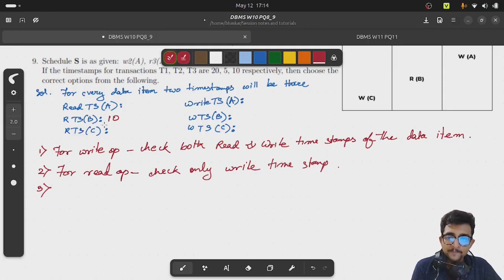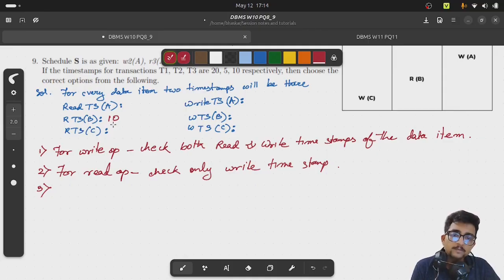So let's say read timestamp is 10 at some point of time, but later another transaction comes and requests to read the value of B, right? And the newer transaction which has come and tries to read the value of B, let's say its timestamp value is 5.